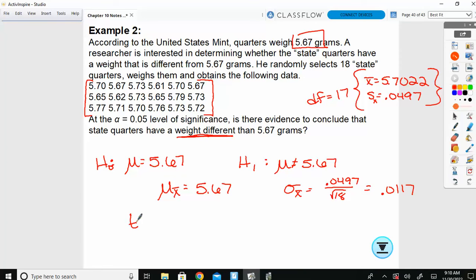So if I asked you to find your t, our value is 5.7022, minus the mean, 5.67, divided by the standard deviation, 0.0117.